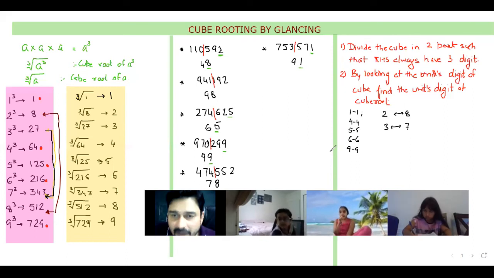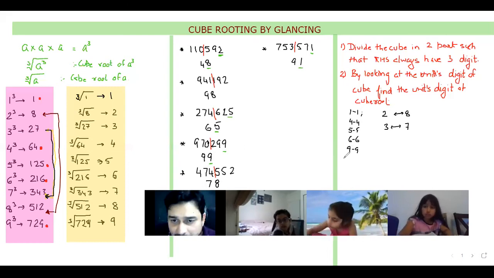Now the last step to find the tens digit. Pay attention. This is very, very important.